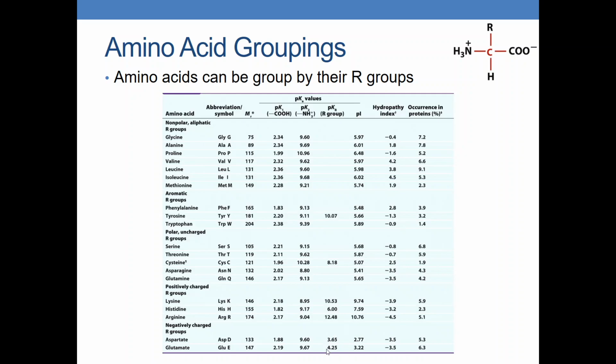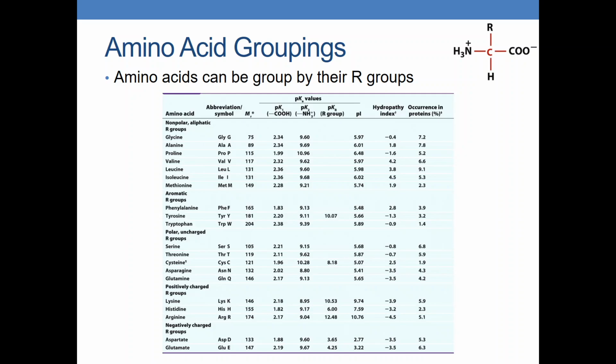The negatively charged R groups that have carboxylates have very low pKa's of about 3 to 4. At biological pH, you're going to find them as the negatively charged carboxylates. So having some idea of what the side chains look like is important here, because that helps you predict protonation states and charges at biological pH.